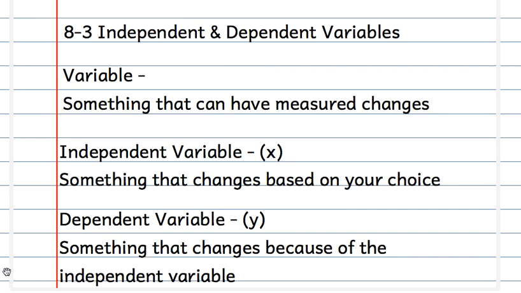Okay, so let's do a few examples. We have 3 examples today. I don't want to write with red. Red is boring. Let's do green. Okay, so examples.